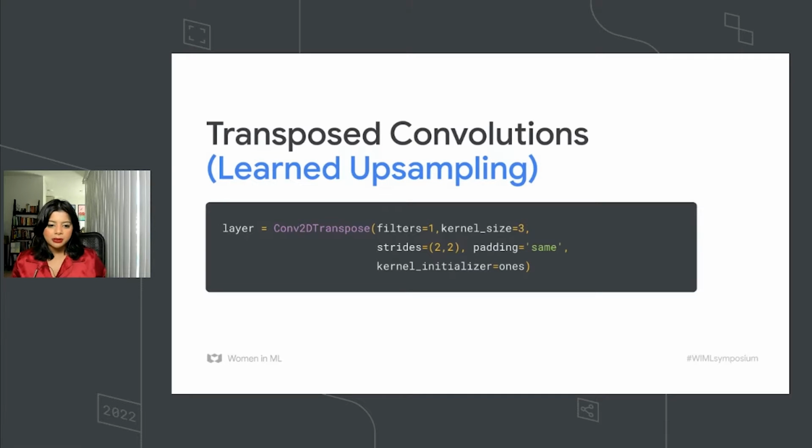It's a lot like perhaps the Conv2D layer that you've seen before. Basically, it's just Conv2DTranspose, and like Conv2D, you pass in a parameter for the filters, the kernel size, the strides, padding, and if you want to initialize your kernel with some values, you can do that. And you add that as a layer to your neural network or deep learning architecture.